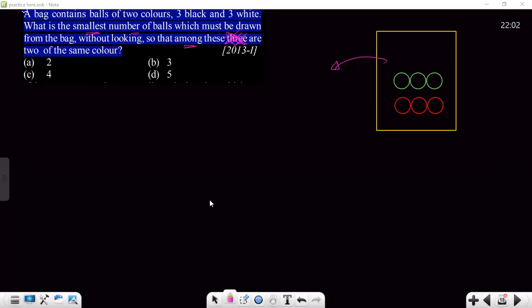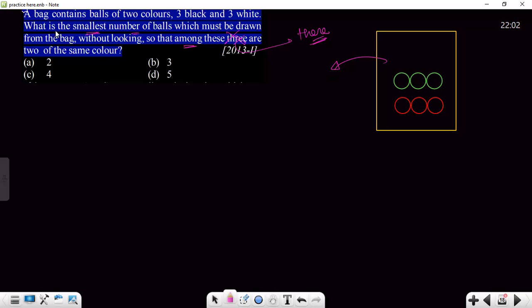Yes, there is a misprint. I was right. So instead of three, it is THERE. This is not three. This is THERE.